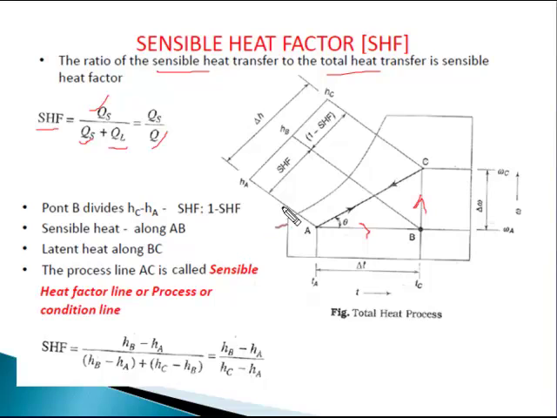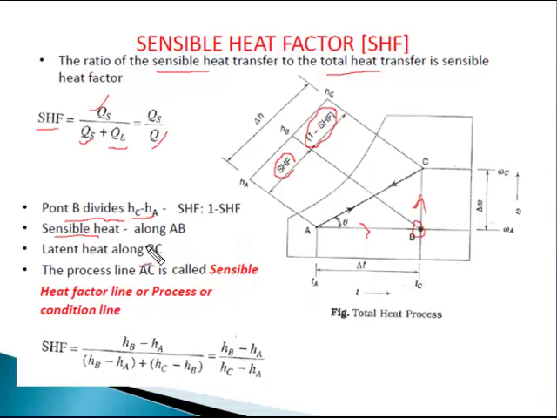On the psychrometry chart, point B divides HCA in the ratio of sensible heat factor to 1 minus sensible heat factor. This point B divides the total enthalpy HA to HC in two terms: one is the sensible heat factor and the second one is 1 minus the sensible heat factor.